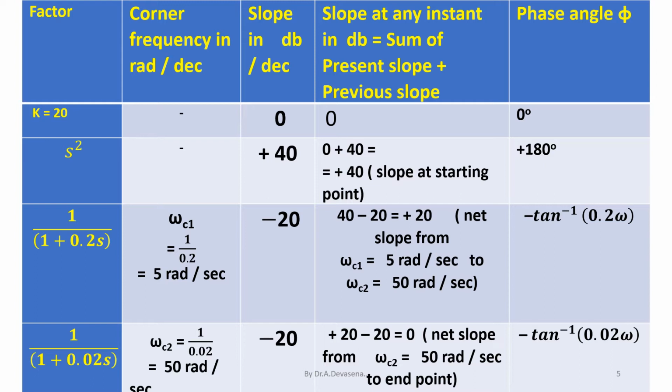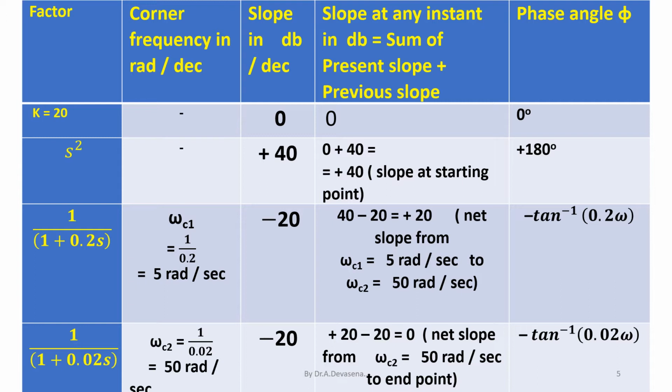This is the net slope from omega c1 equal to 5 radians per second to 50 radians per second. And the phase angle for this factor is minus tan inverse of 0.2 omega, because this factor is present in the denominator.